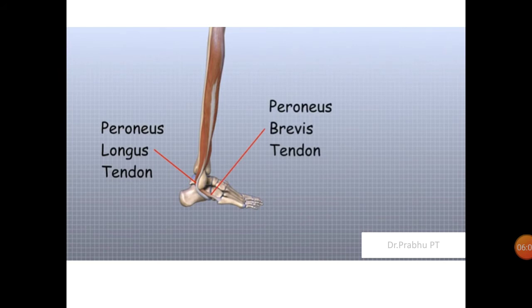The peroneus muscle is also called the fibularis muscle, or peroneals, a group of muscles in the legs. While the muscle group exists in many variations, it is normally composed of three muscles: the peroneus longus, peroneus brevis, and peroneus tertius.